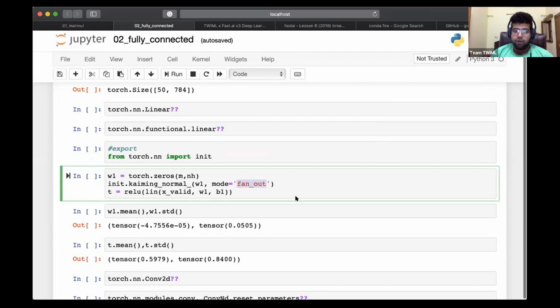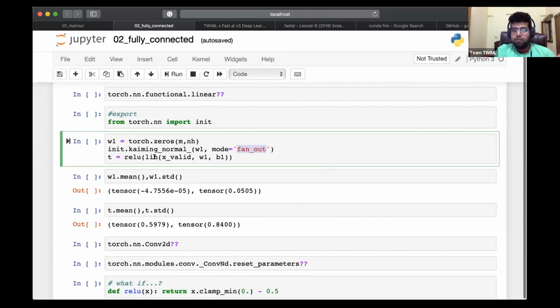So PyTorch by default takes care of fan out, which depends on if you're passing your weights in a forward pass or if you're passing your loss backwards, you need to set this accordingly. And I was digging through the source code. I believe this is taken care of by the callbacks. There was this great talk from Sylvain. I shared it in the Slack channel. Be sure to go through that if you want to understand callbacks. But I believe callbacks accounts for this.